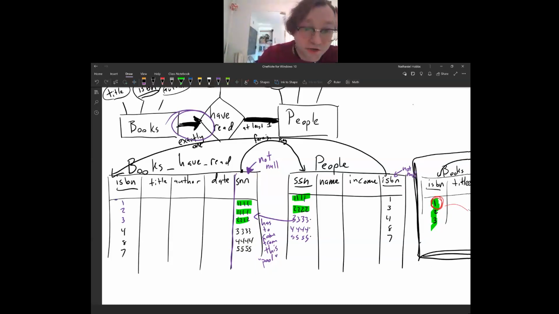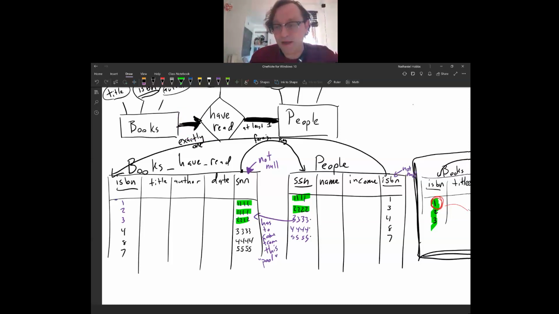We do not key on the social security number because there's no restriction on 1 person reading many books, just that books must have been read 1 time. For the people, to say that people have read at least 1 book, you can add the ISBN column to it.